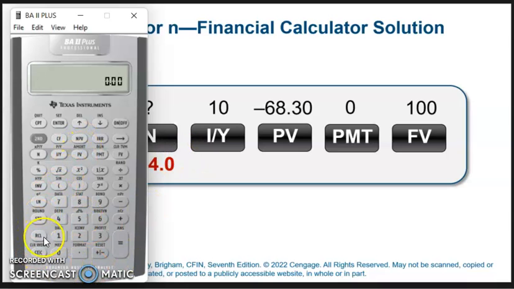We've got 10 I/Y, 68.3 PV, 0 payment, and 100 future value, compute, and we get 4.